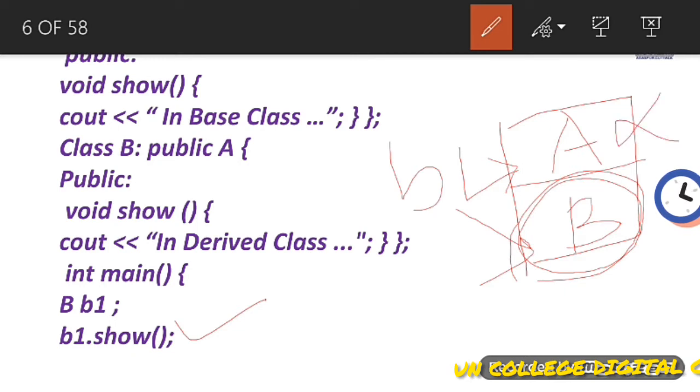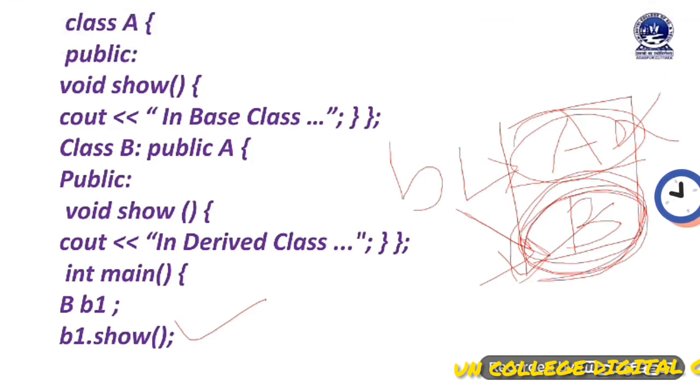Why? Because originally it belongs to this category. Of course it contains all the elements and can refer to this portion, but here it will execute only this one. Suppose you call B1.show again, then also it will execute this part, and this particular mechanism is called function overriding.